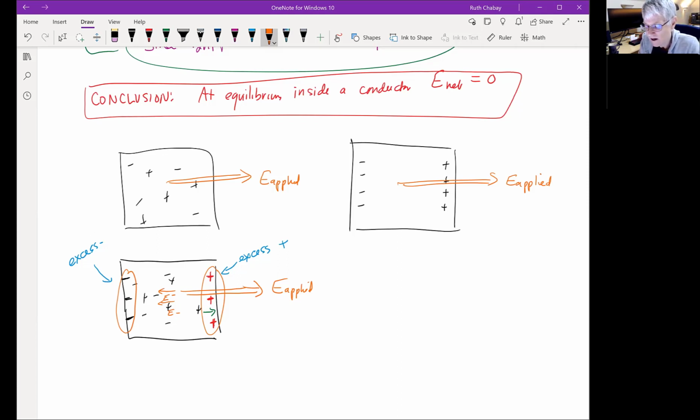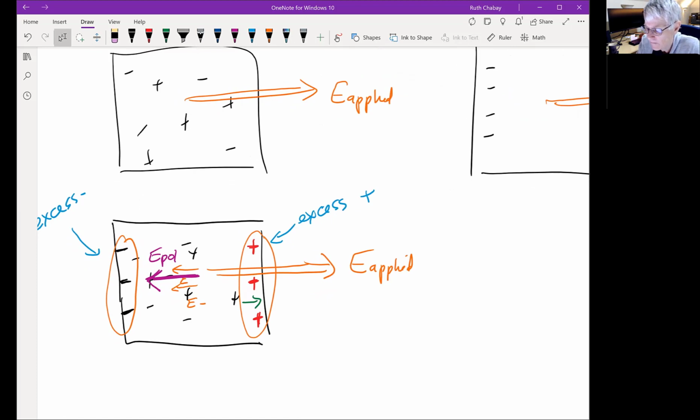So now we've actually got another contribution to the electric field in here. We have the electric field due to these polarized charges. And so our net field here is going to be the sum of the applied field and the field due to polarization.